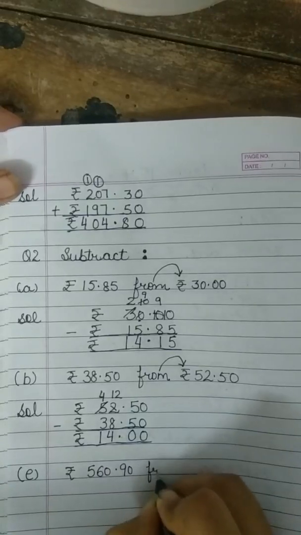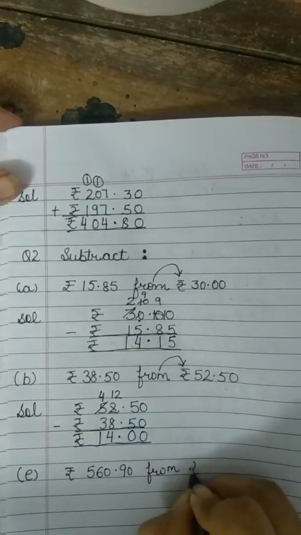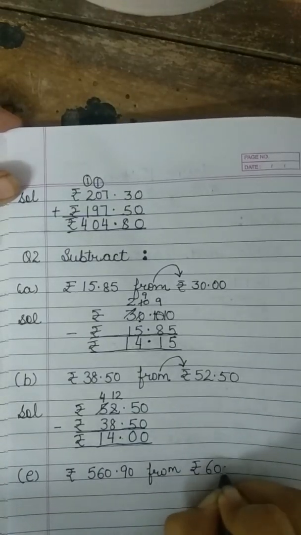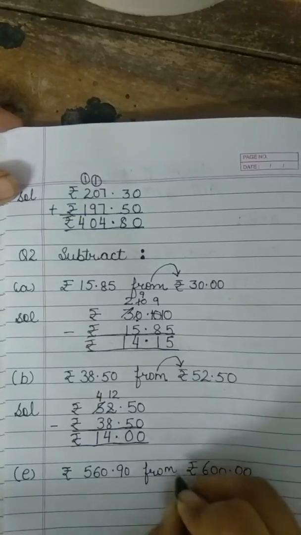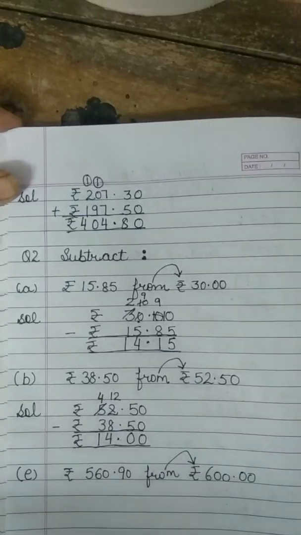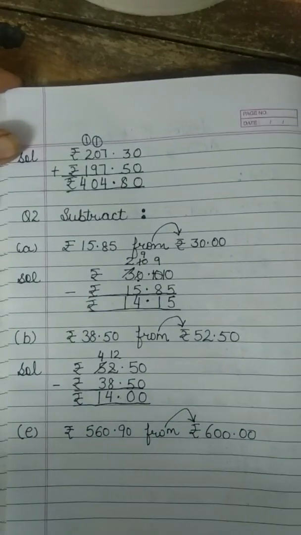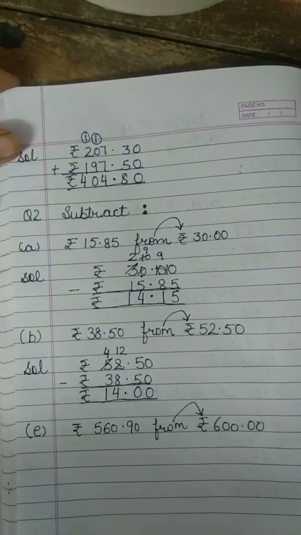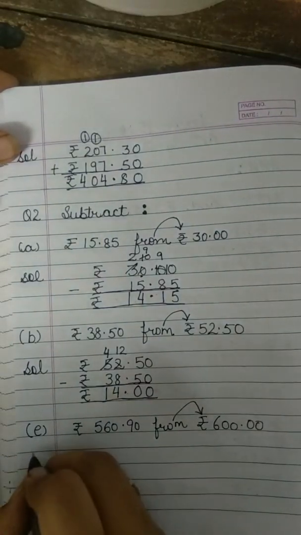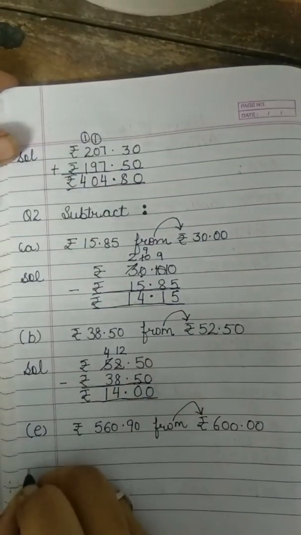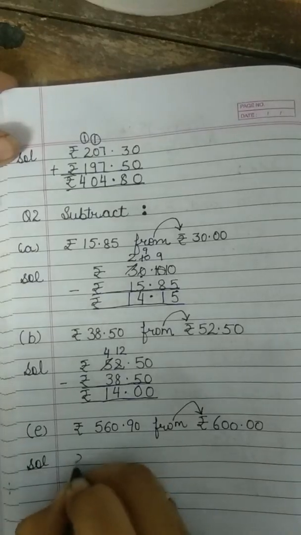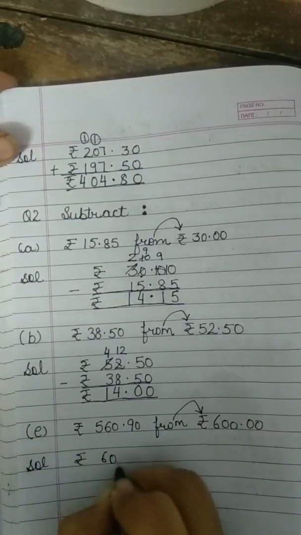560.90, you have to minus it from 600. First step is to make an arrow. Clear? Now see how to minus them. Firstly you write 600 up.